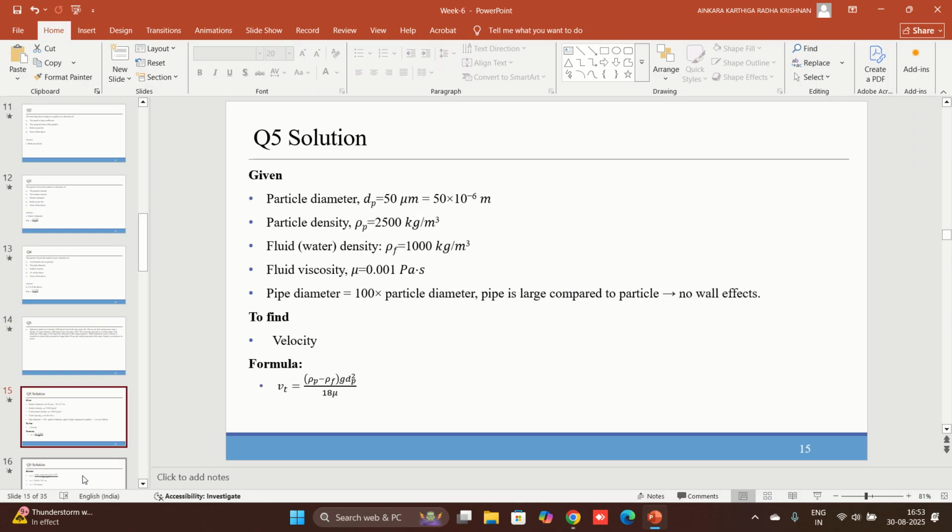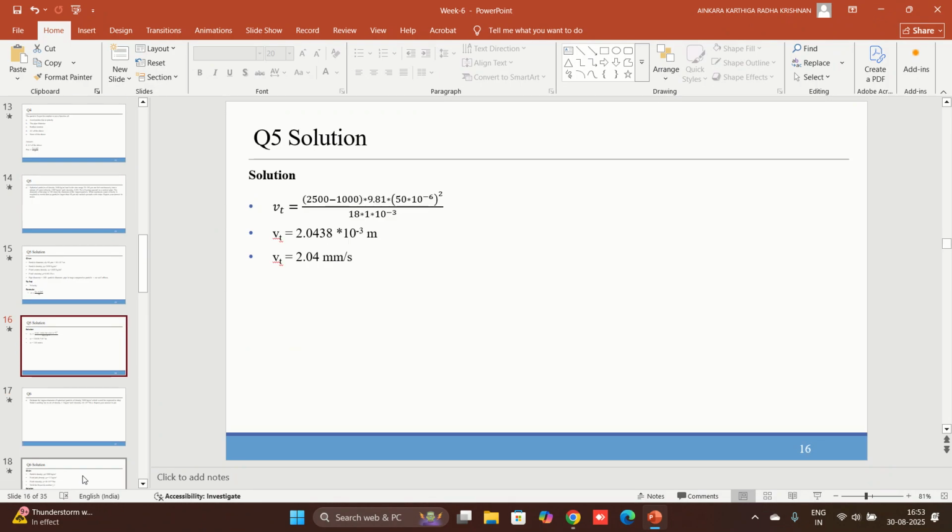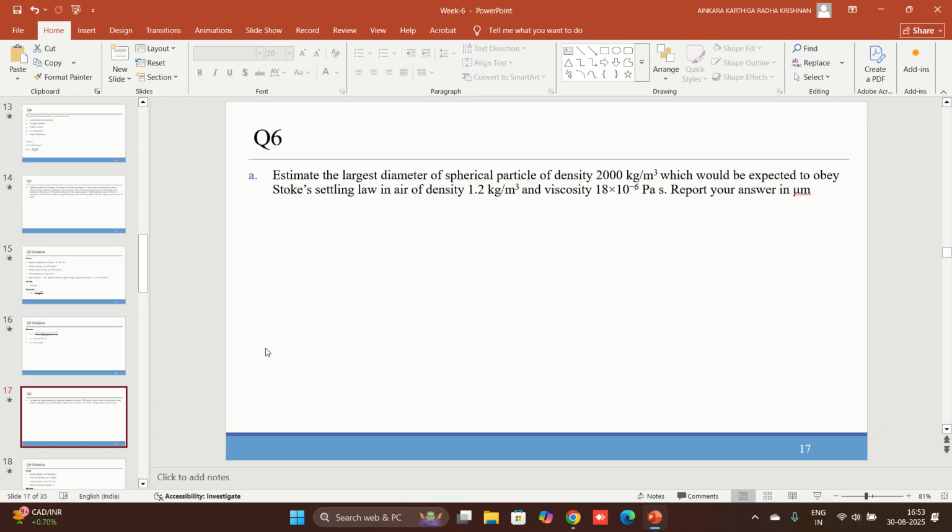And later we are asked to find the settling velocity by framing the question in a different way. And also make sure in what units your question you are asked to report your answer, because since it is a numerical problem, make sure you report your answer in the unit they asked. In some question it is a SI unit, some question it is in micrometer per second, or something.